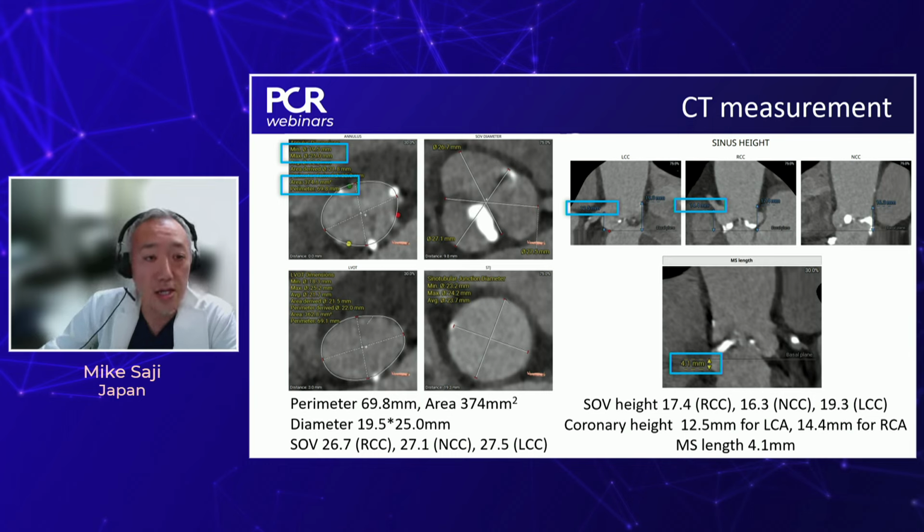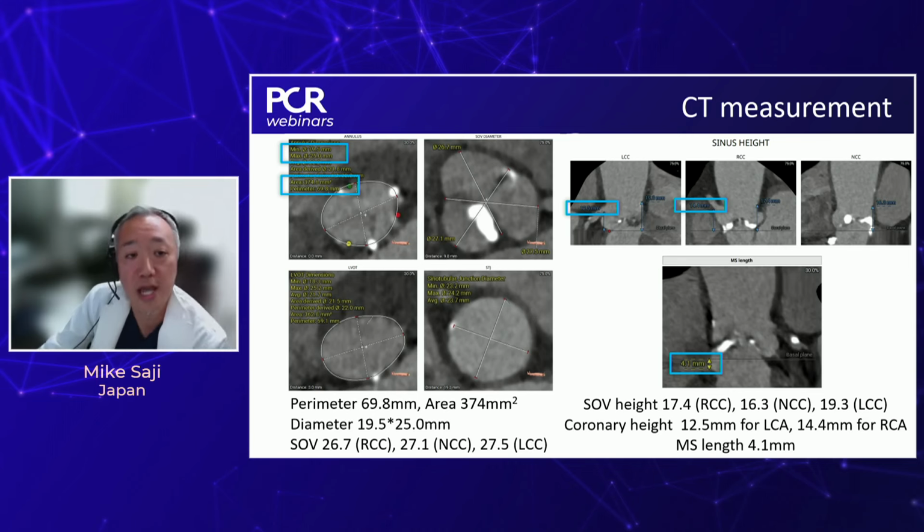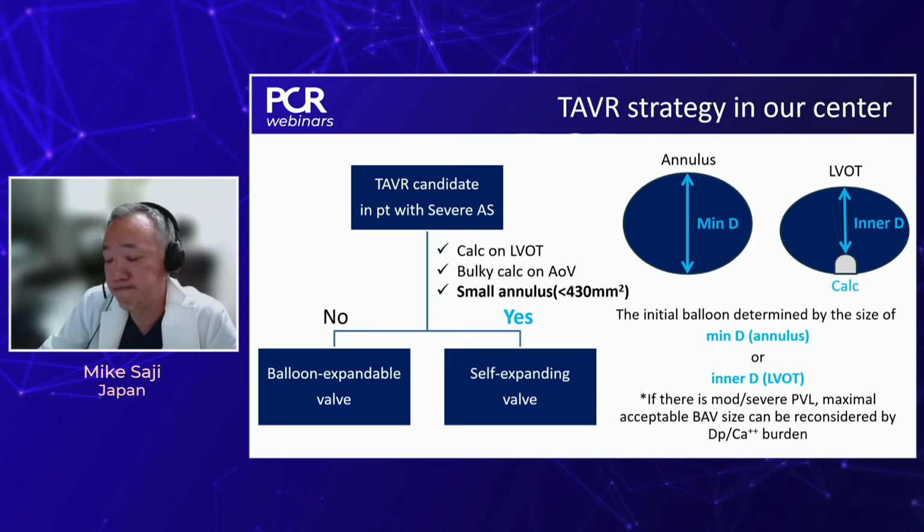And regarding the sinus height, it ranged from 16.3 to 17-ish. So these are acceptable, as more than 15 millimeter is acceptable. And the coronary height, 12.5 for LCA and 14 millimeter for RCA. And the membranous septal length was 4.1 millimeter.